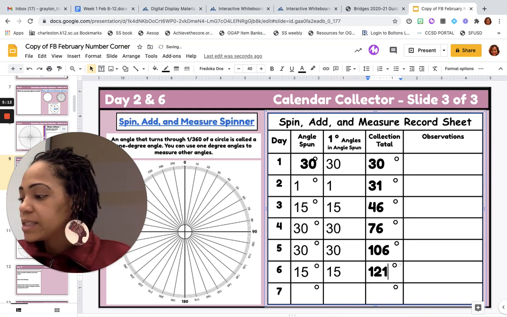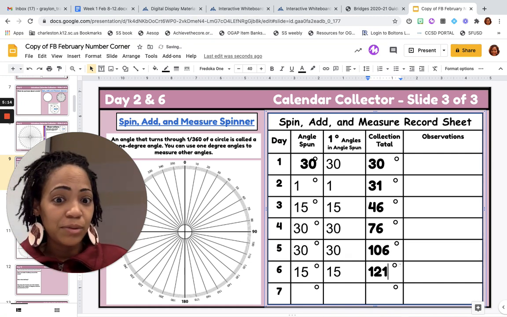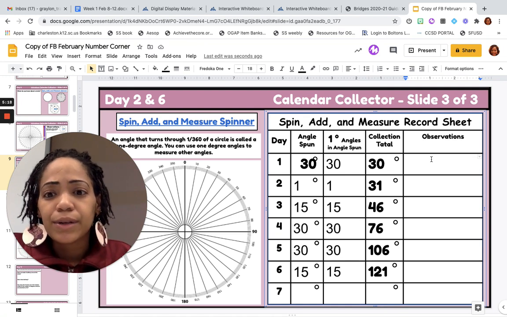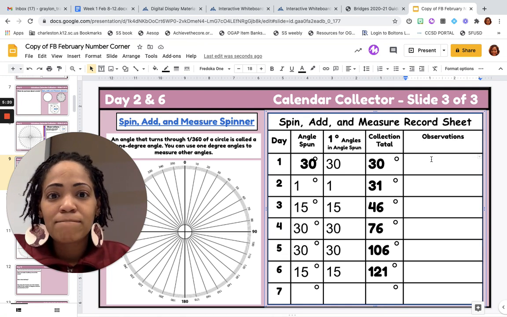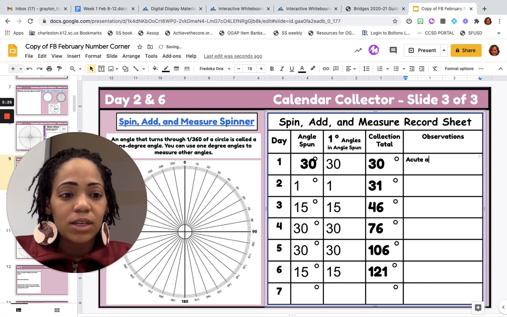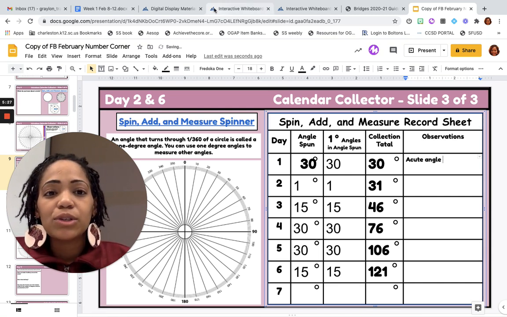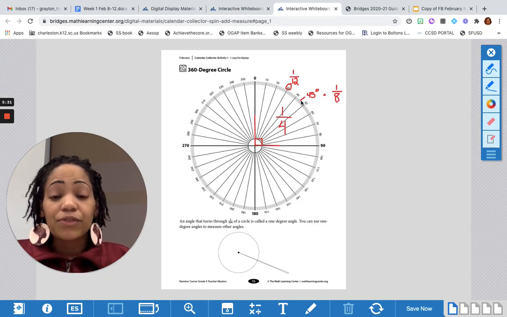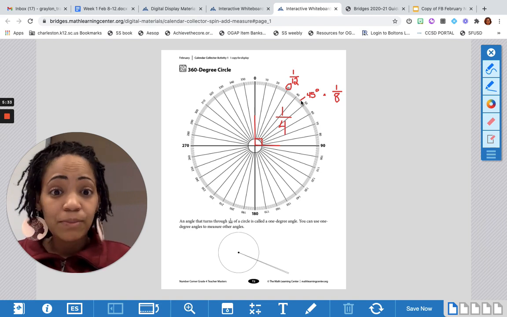So let's add some observations to this recording sheet. What do we know about an angle that's 30 degrees? Right, it's an acute angle. What else do we know? Do you guys remember us talking about fractional parts of a circle?